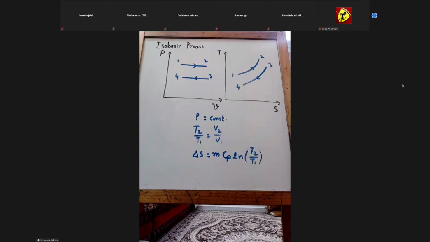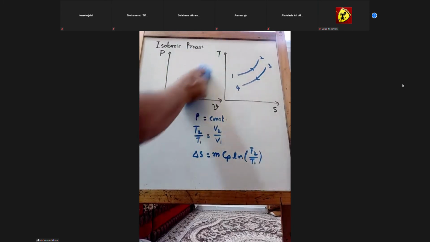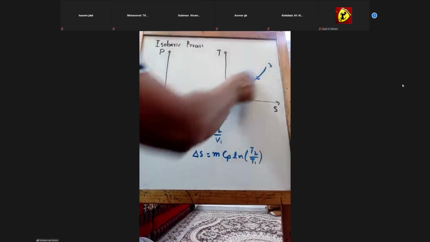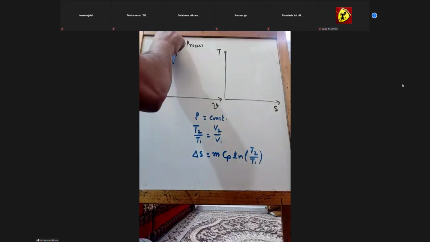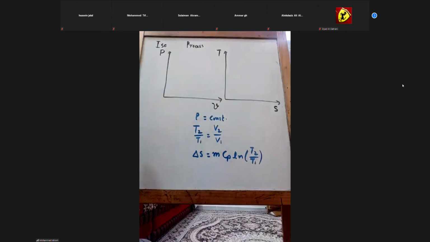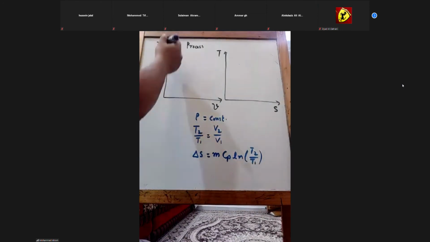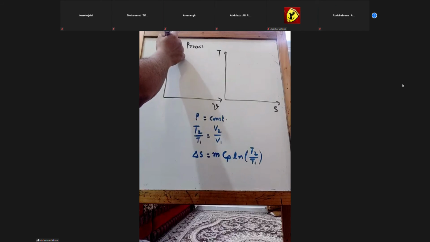Can I erase this now? Yes, doctor. Now the second process is the isochoric, or constant volume process. So how should it be?